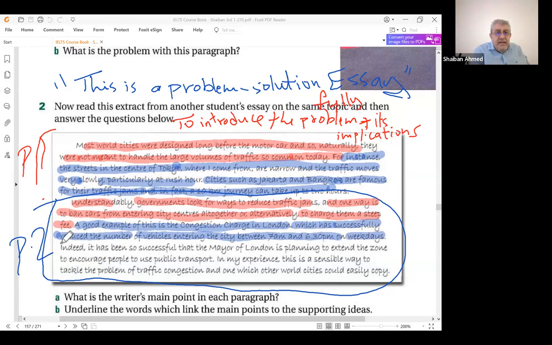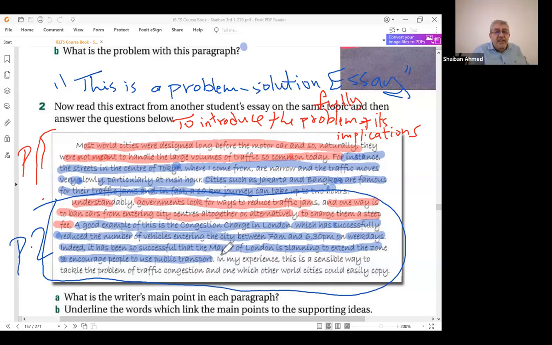Indeed, it has been so successful that the Mayor of London is planning to extend the zone to encourage people to use public transport. So, giving the idea about London, why it is successful, and he said, indeed, for further development.